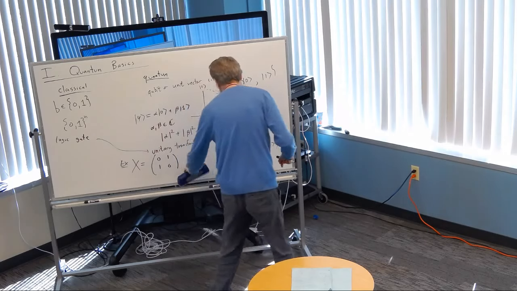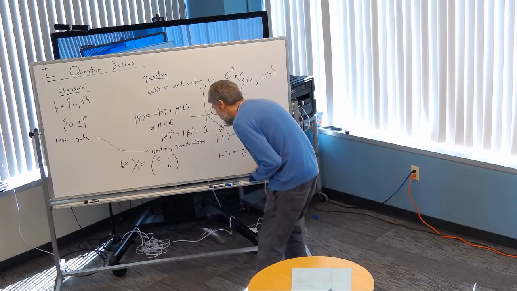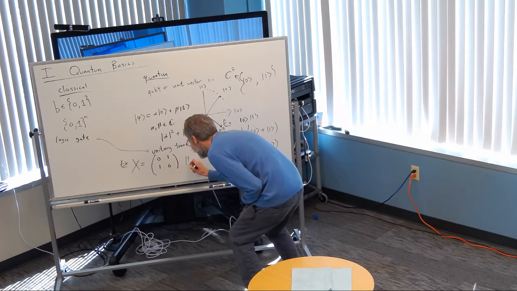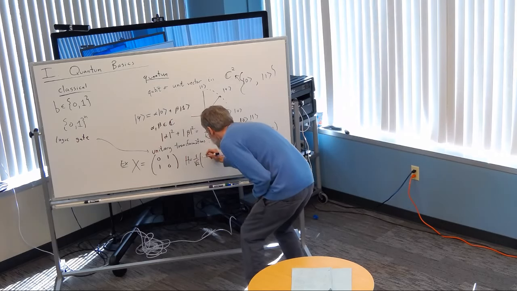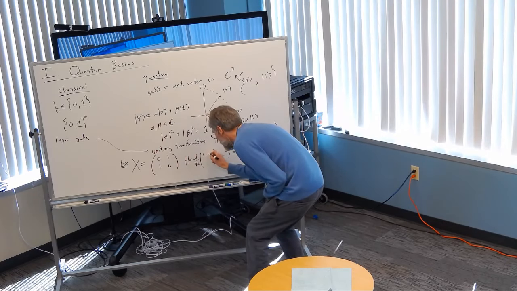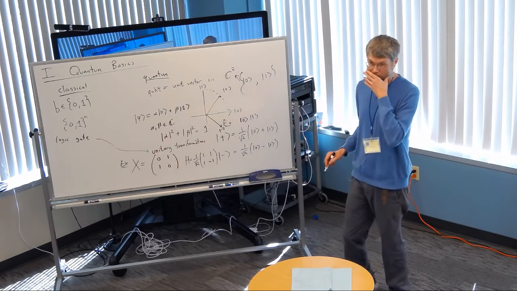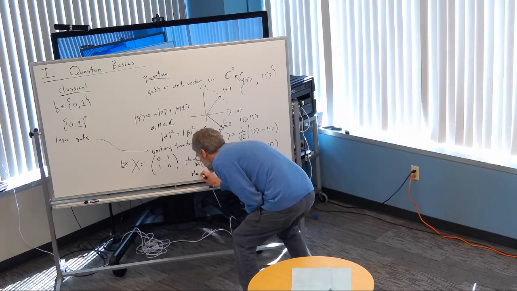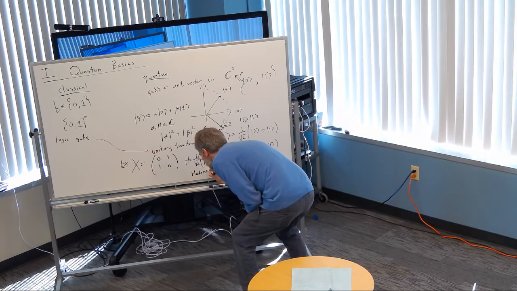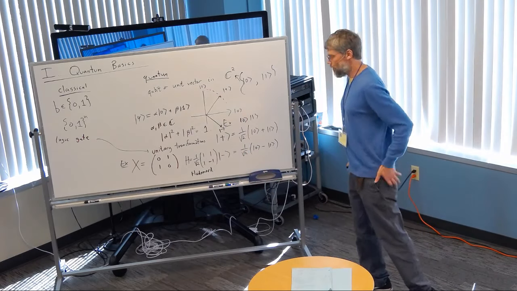You could also do something called H, which is 1 over root 2 times the matrix 1, 1, 1, minus 1. This is called a Hadamard transform. What does it do to 0?